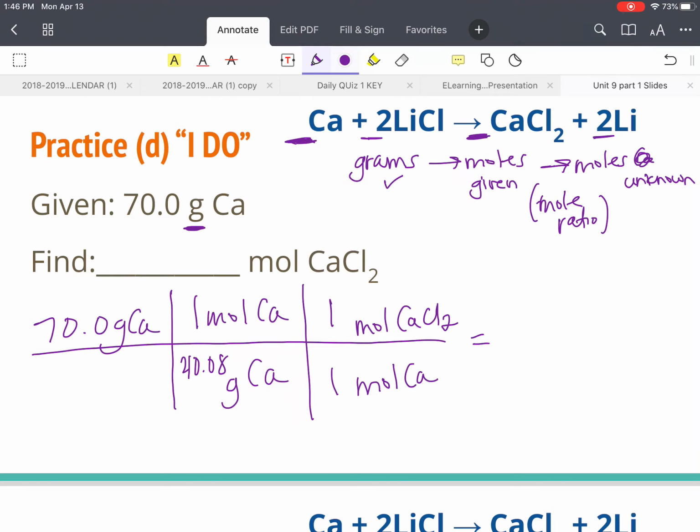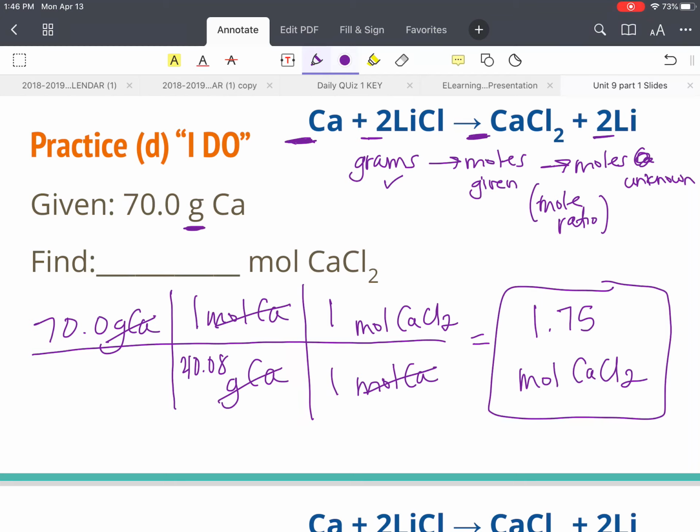Just 1. Okay, so my grams calcium have canceled, my moles calcium have canceled, and now I'm left with moles calcium chloride, which is what I wanted to find. Now I'm just going to type it all in my calculator. Luckily, it's a 1-to-1 ratio this time, so I don't really have to worry about that. So I end up with 1.75 moles of calcium chloride.